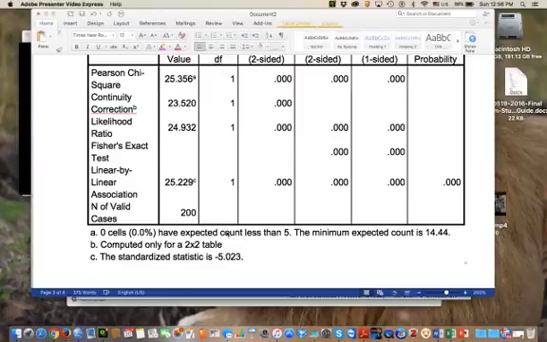In my fear of being redundant, I'm going to say check underneath the table to make sure that no expected frequencies are less than 5. And it so states.